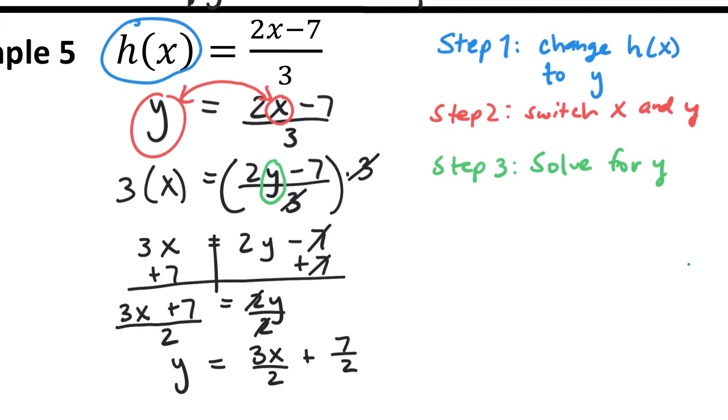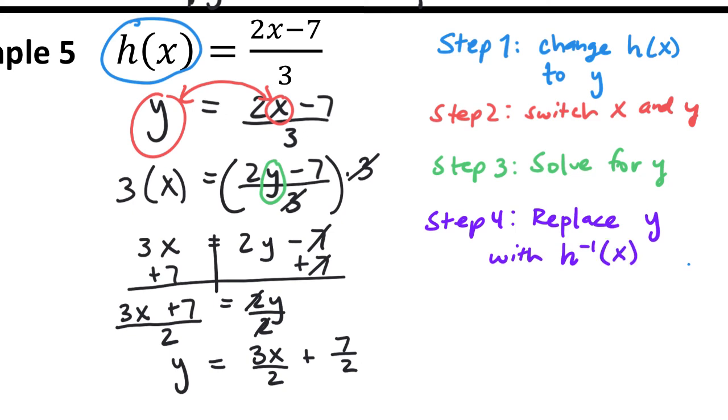So step 4, it says replace y with h inverse of x. And so notice, right, it started with h of x and it ends with h inverse of x.